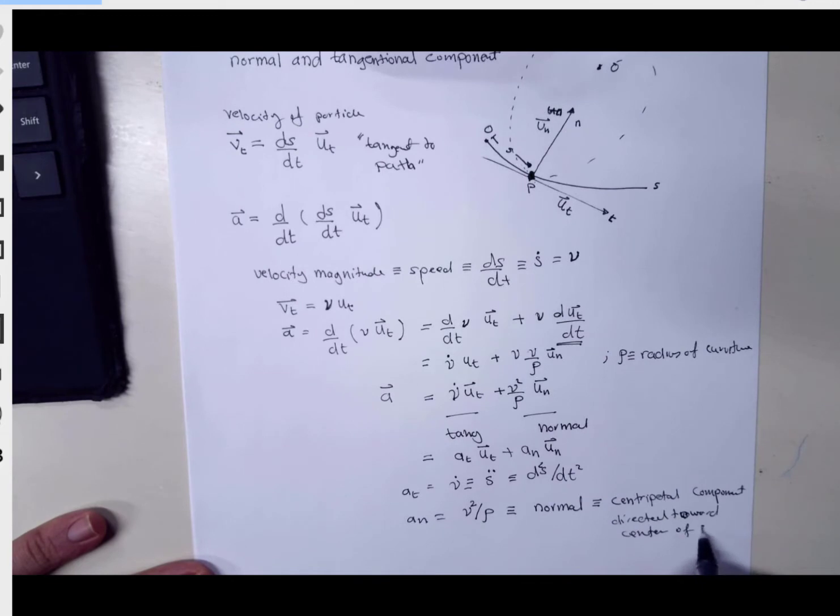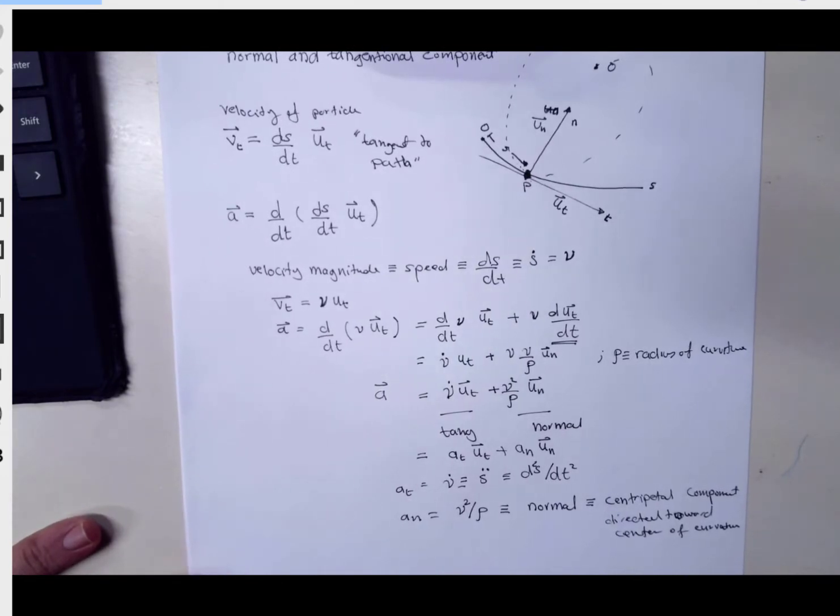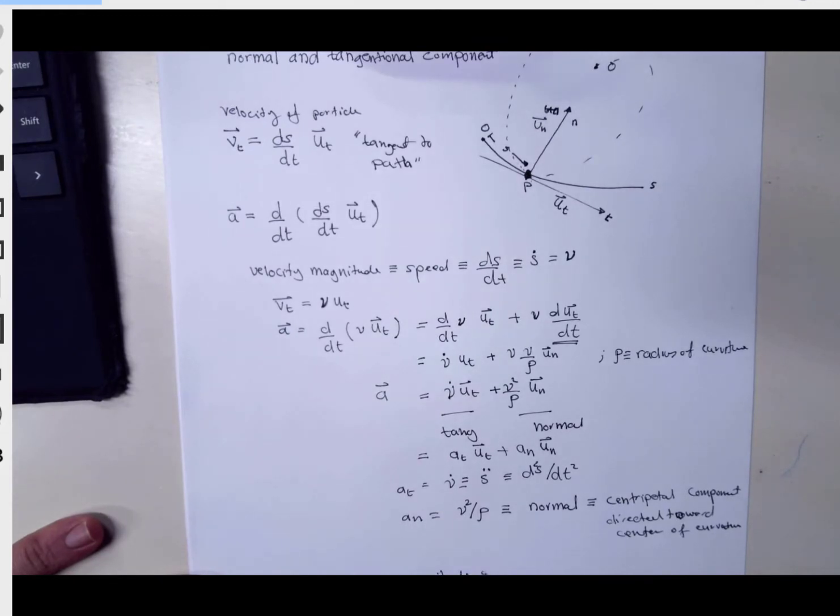Now the magnitude of the acceleration is equal to the square root of a_t squared plus a_n squared, right? That's the magnitude.